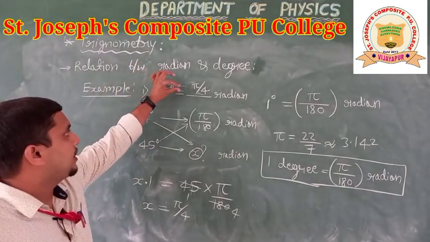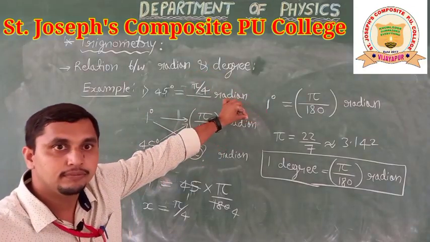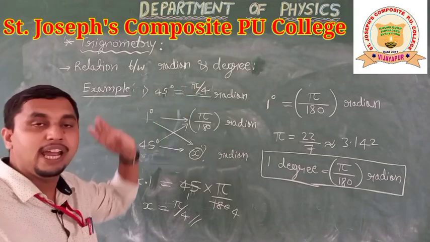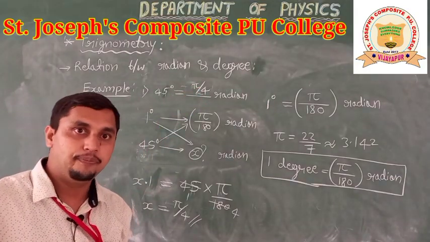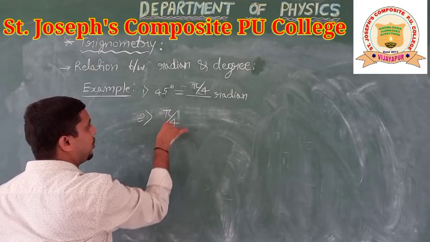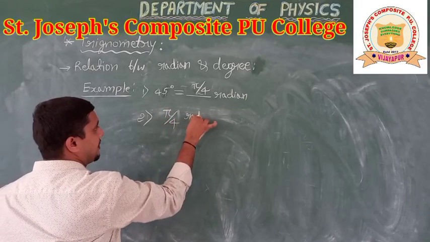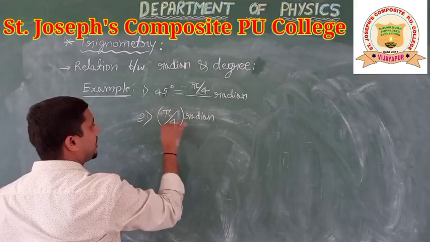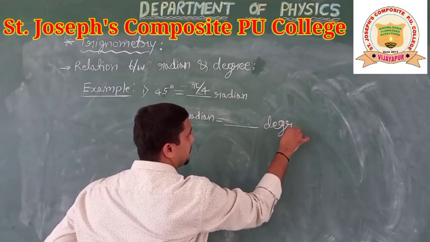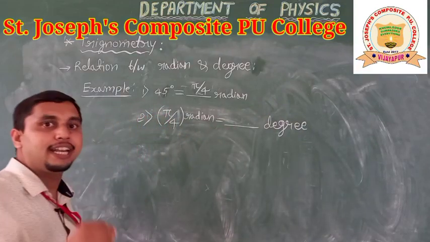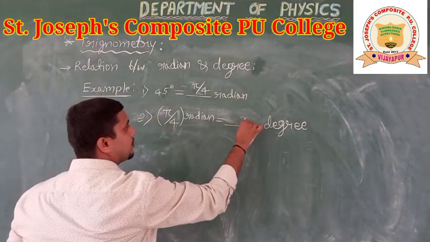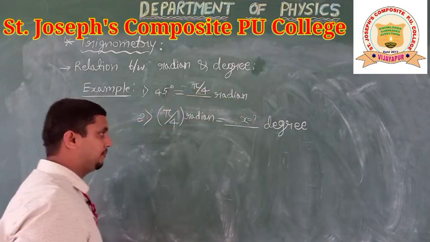So, 45 degree is equal to how many radian? The answer is 45 degree is equal to pi by 4 radian. Now how to convert from pi by 4 radian? Pi by 4 radian is equal to how many degree? Let us see that. We have to find the value of x here.